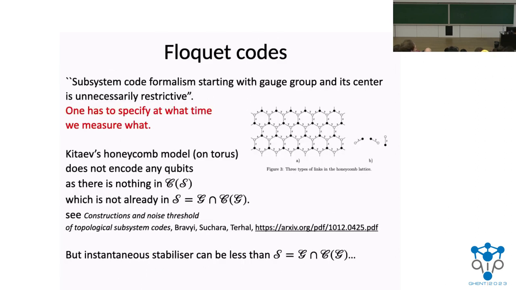All right, so now let's move to what I learned about this Floquet code, which you may or may not have heard about: the subsystem code formalism is just too restrictive. It's not fully general. Because you start with this gauge group, and then you have the center, but you're not specifying the measurement of these gauge checks.